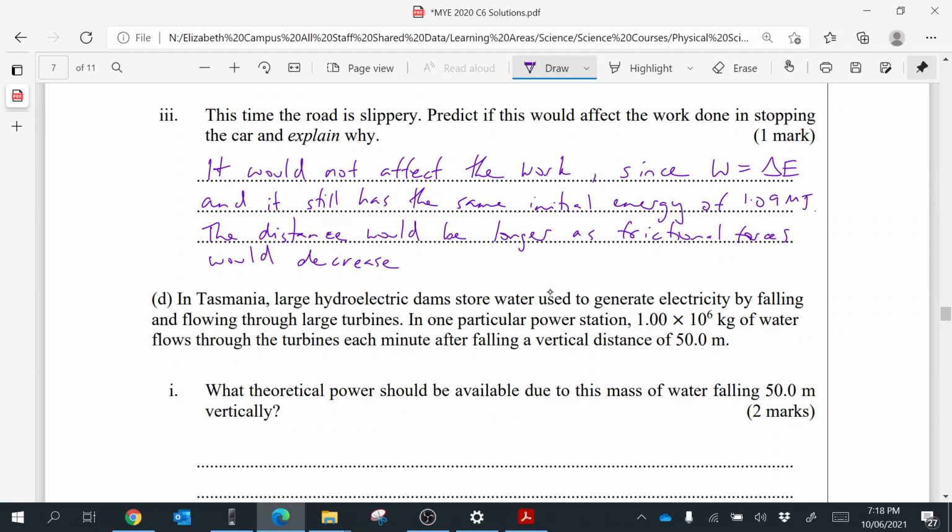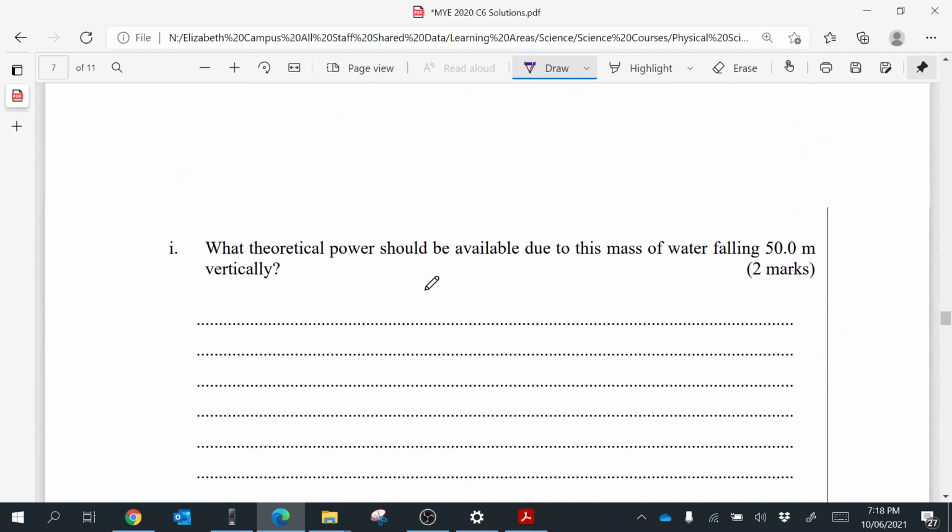Okay, hopefully that makes sense to you. Basically, when the road is slippery, there'll be less frictional forces, so it would take longer to stop the car, but the amount of work done or energy required to stop the car would still be the same.